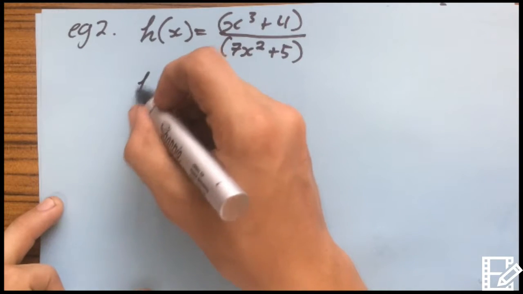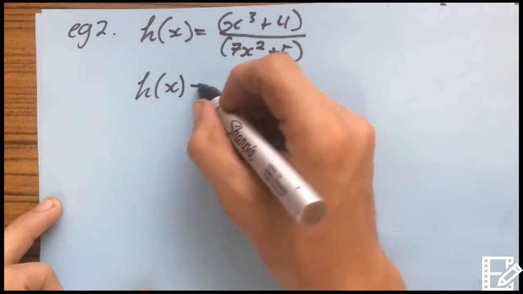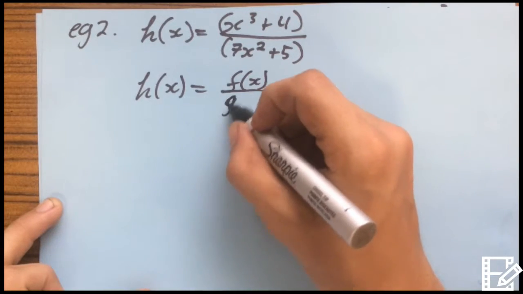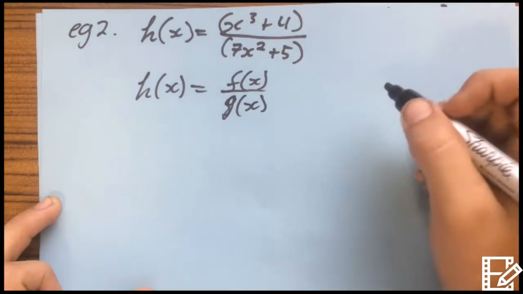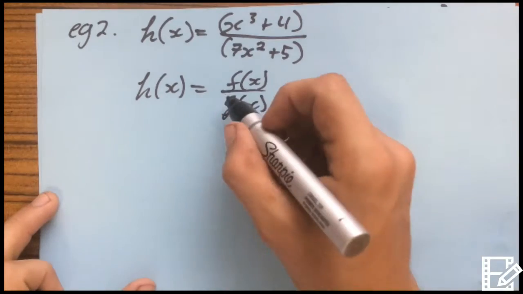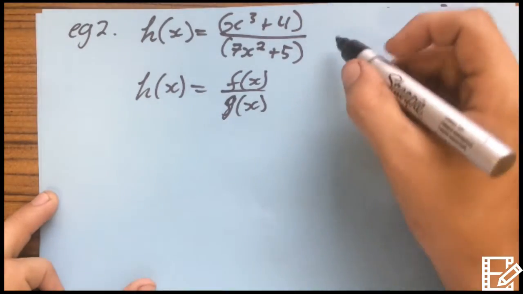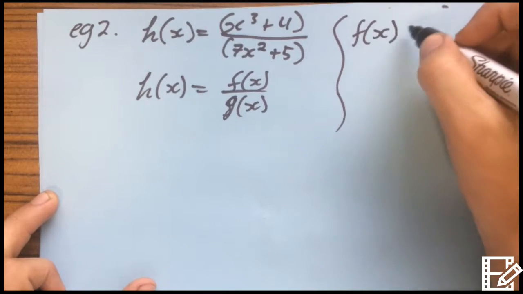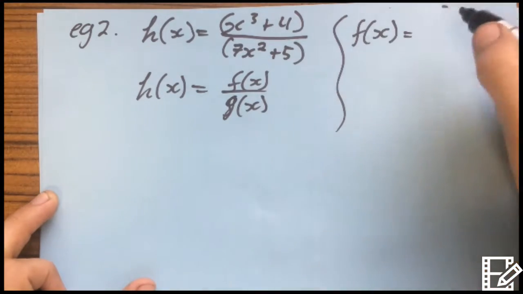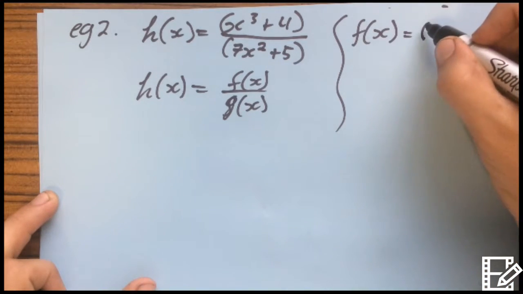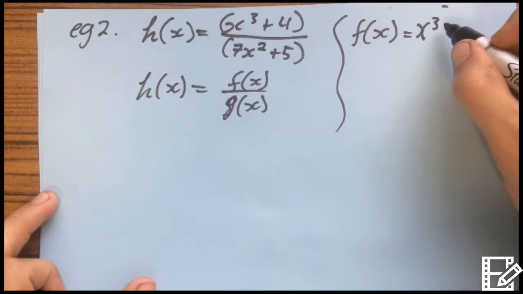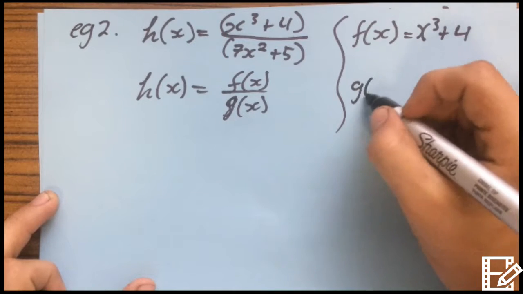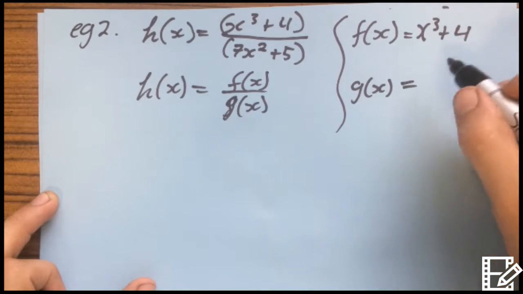Now, again, that looks like f(x) over g(x). That's a bad g, but you get it. So, we label them accordingly. f(x) is on the top, so we label it what's on the top over here. And same with the bottom, we label the bottom and the other bottom.